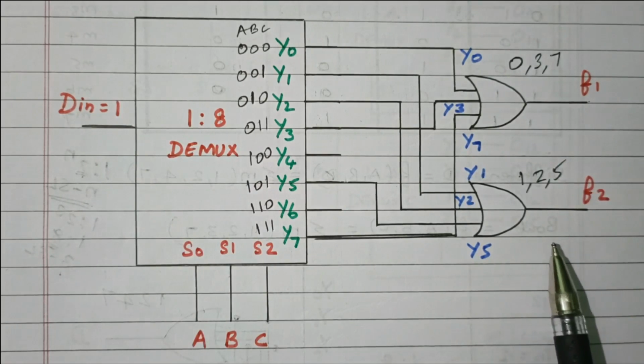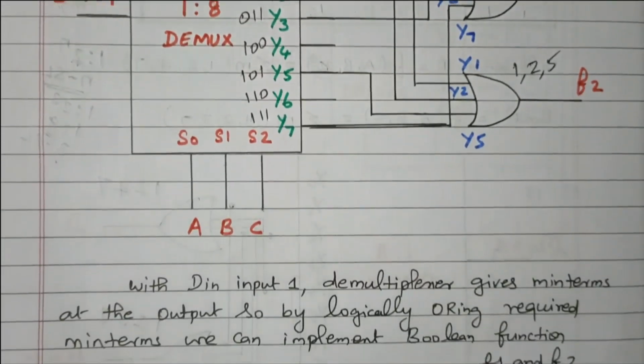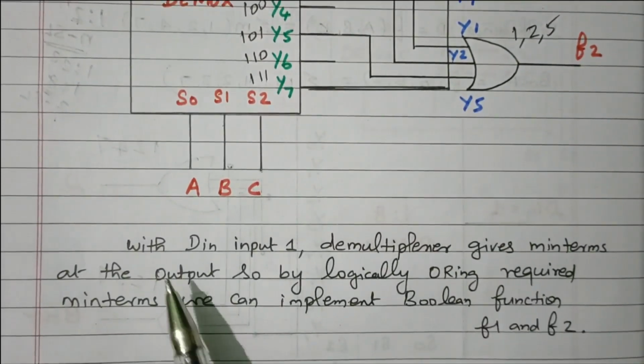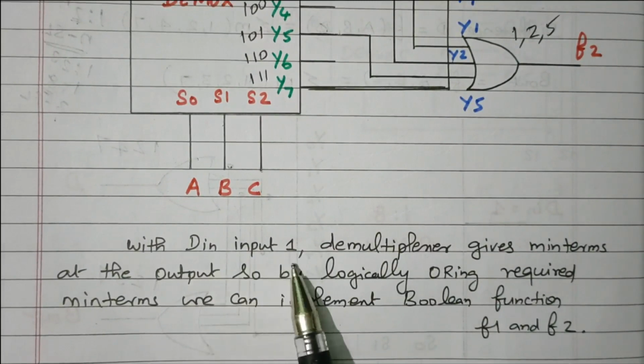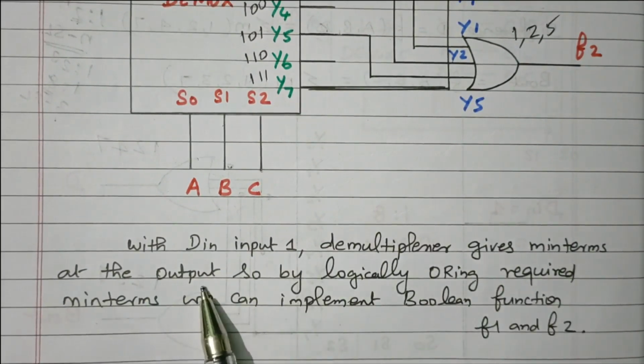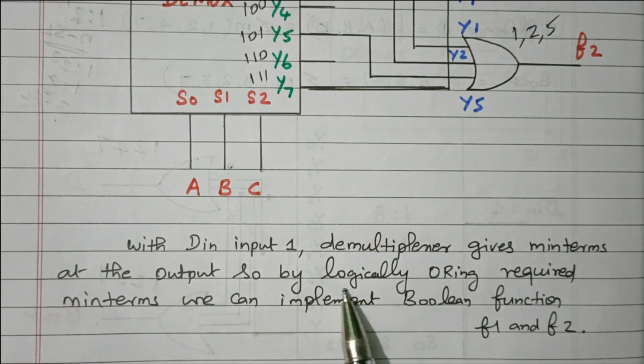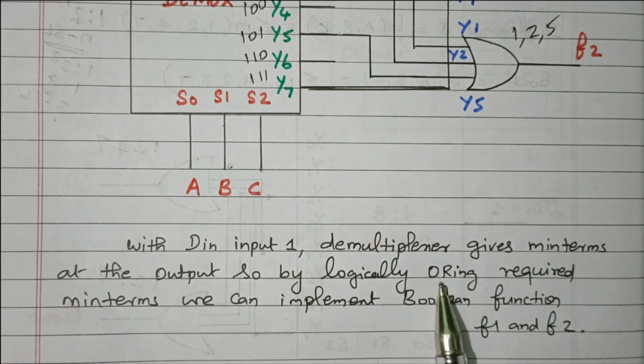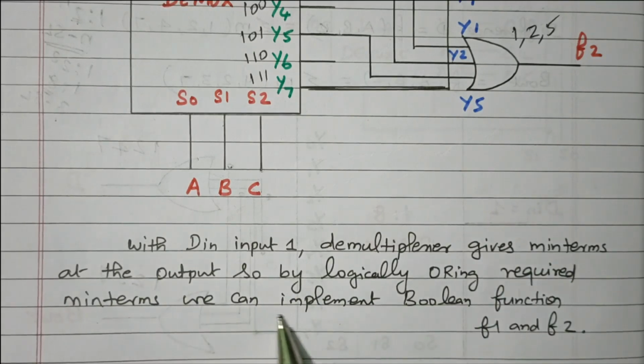Right. So in this video we discussed how to implement a demultiplexer for a logical function. Here the description is available. With D in, the input is 1. The demultiplexer gives min terms at the output. Min terms means 0, 1, 2 up to 7. By logically ORing, that means sum of min terms. By using an OR gate, the required min terms we can implement.